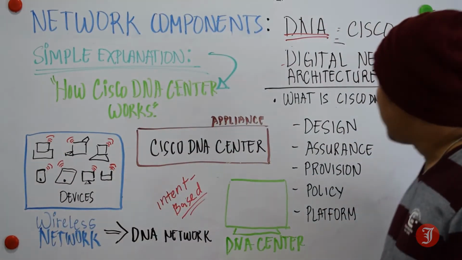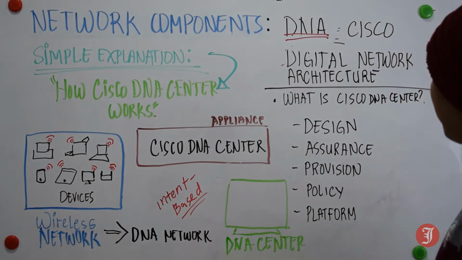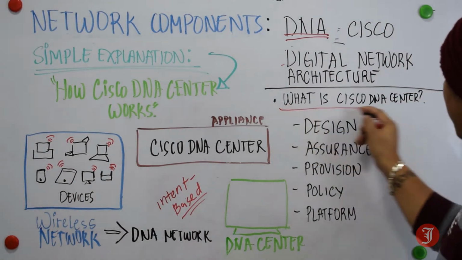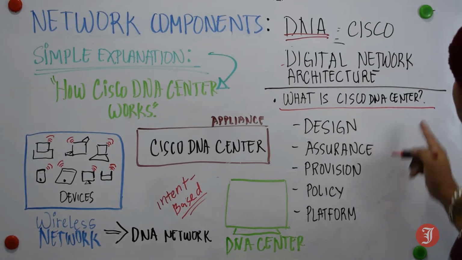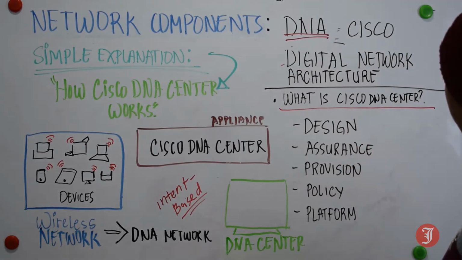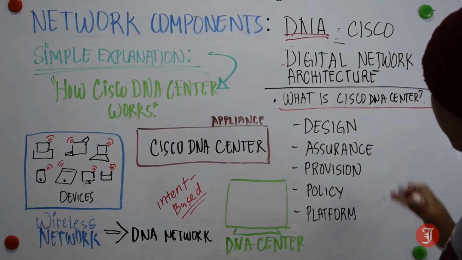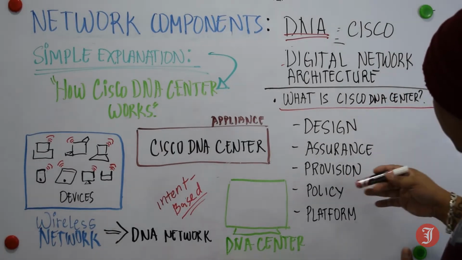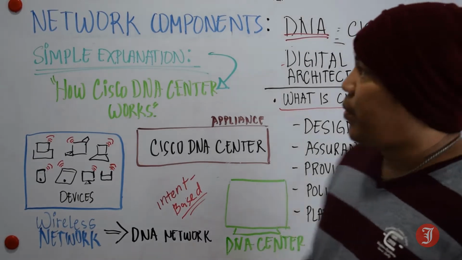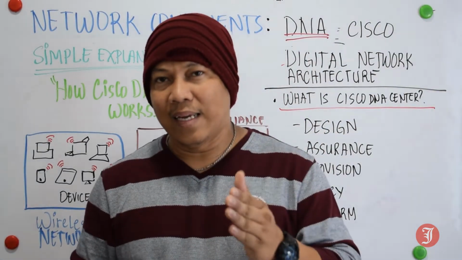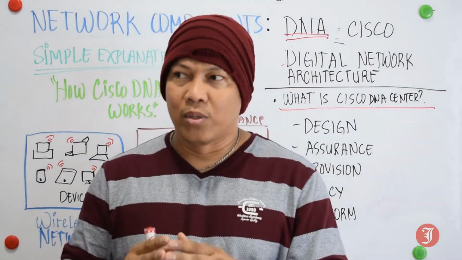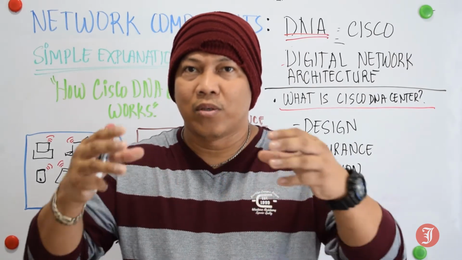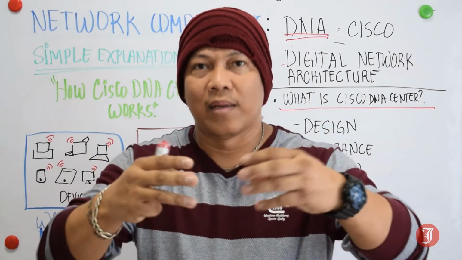Alright? Then, let's move to what is Cisco DNA Center. Ang ibig sabihin ng Cisco DNA Center is the central dashboard for the management, automation, and assurance of your Cisco DNA network. So, ito yung centralized. Ito yung center.